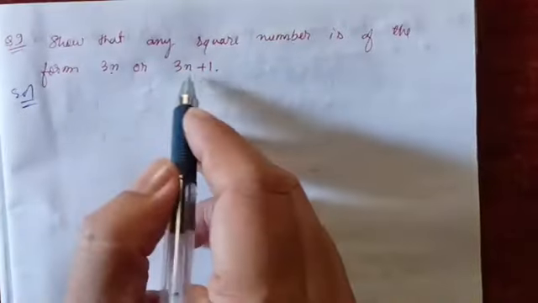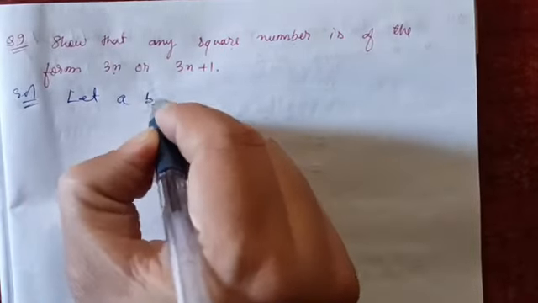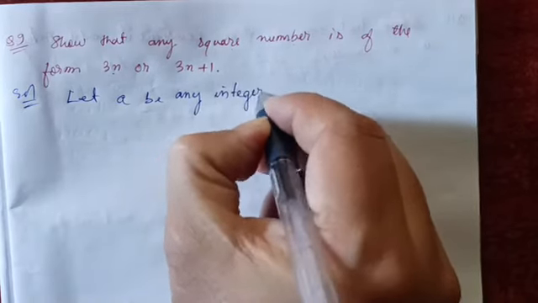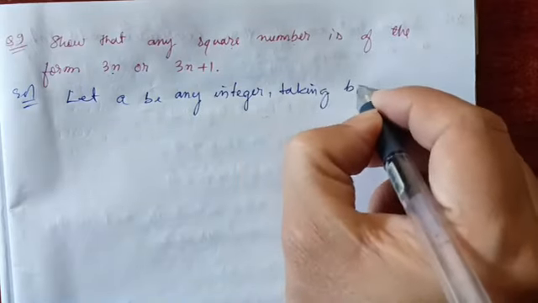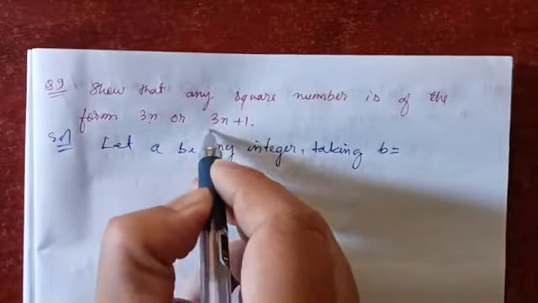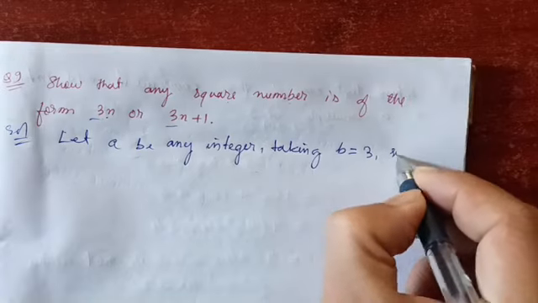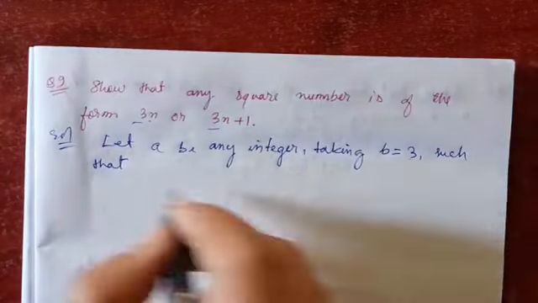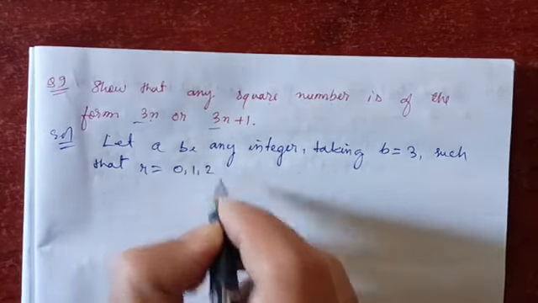I told you for such type of question, when the form is given, how to start. Let a be any integer, taking b equal to 3, such that if the b value is 3, then the r value can be 0, 1 and 2.